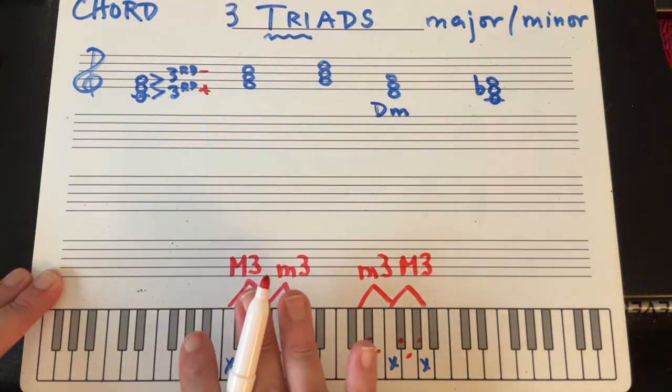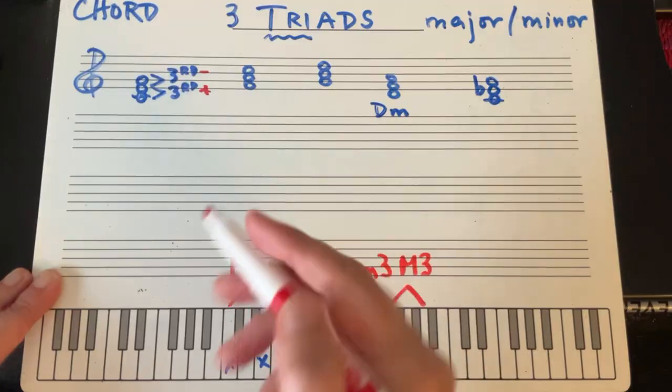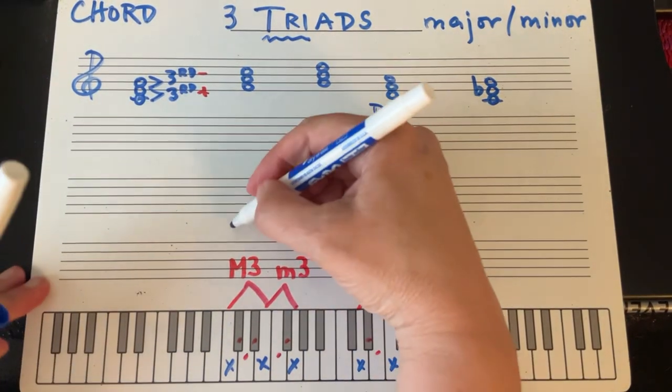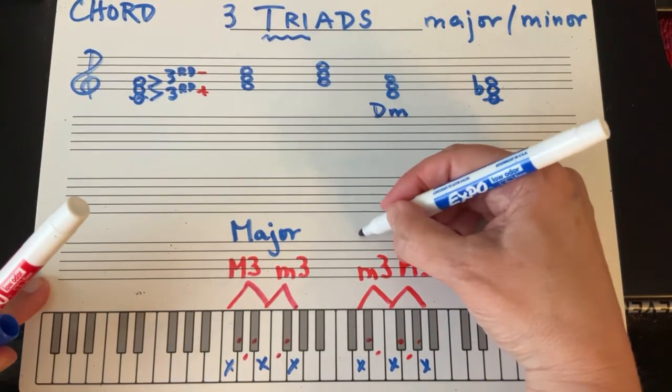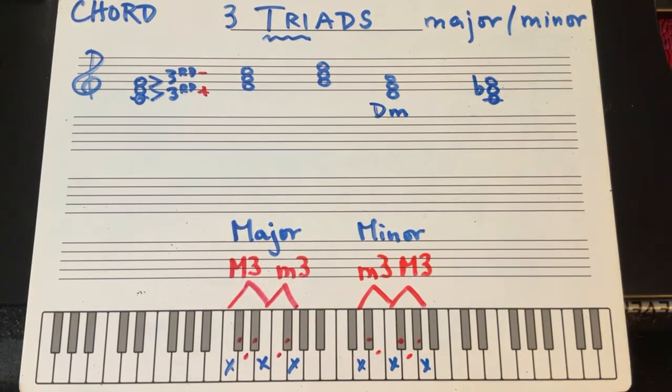So you're just flipping the major and minor. The one on the bottom is what tells you the quality. Let me go back. This is your major triad, and this is your minor triad. So it doesn't matter whether you're playing black keys or white keys or a combination of both. You need to look at exactly what the intervals are.